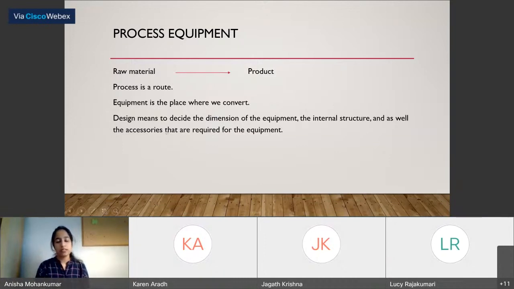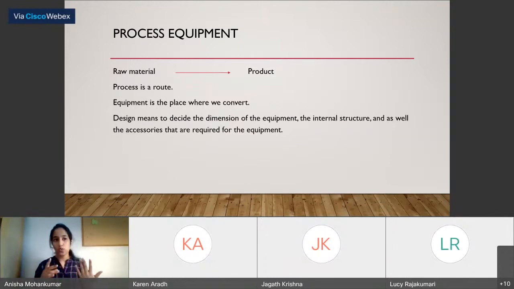So design is not something very big. It's just to get the dimensions of the equipment, the construction of the equipment, what material you use in it, and what accessories you need for that particular equipment.